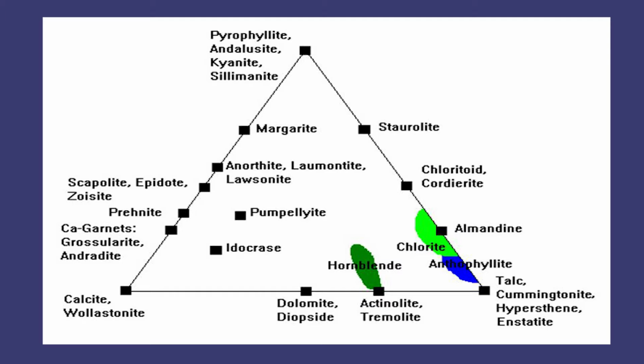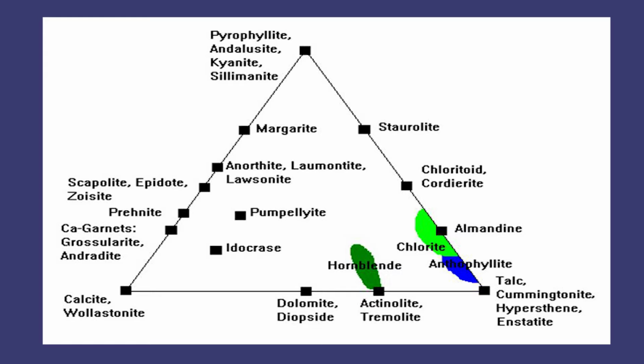Their CaO content varies somewhat as well. Therefore, the composition of various hornblendes must be shown by an elongated field on the ACF diagram extending from the point representing tremolite towards the A corner. Similarly, biotite extends from the F corner to about A equals 18 and F equals 82%.